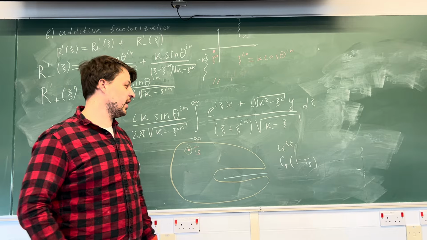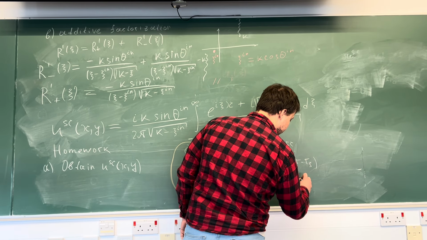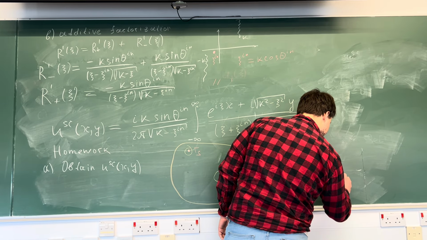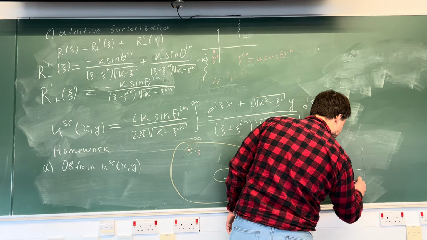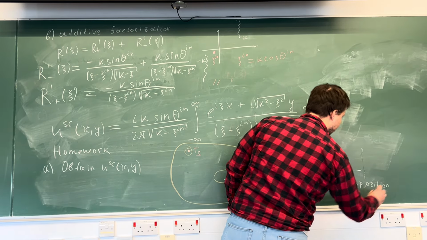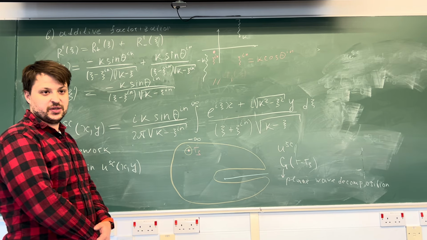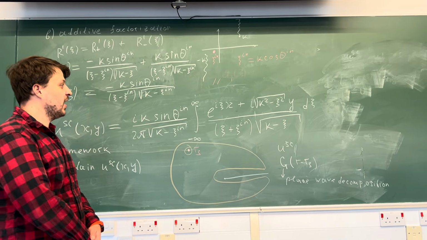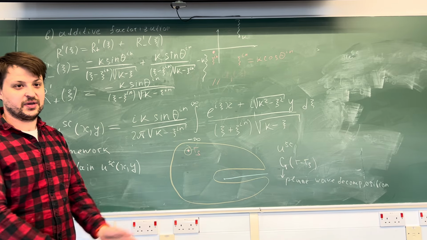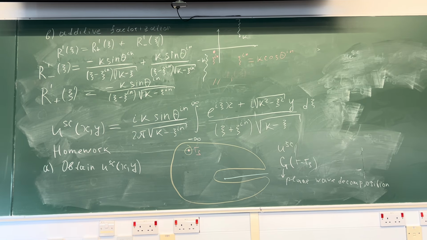Then the final step is to use the plane wave decomposition for Green's function. We studied this plane wave decomposition in lecture 1. Then the plane wave decomposition will give us something like this after some algebra. You can try to see it first.